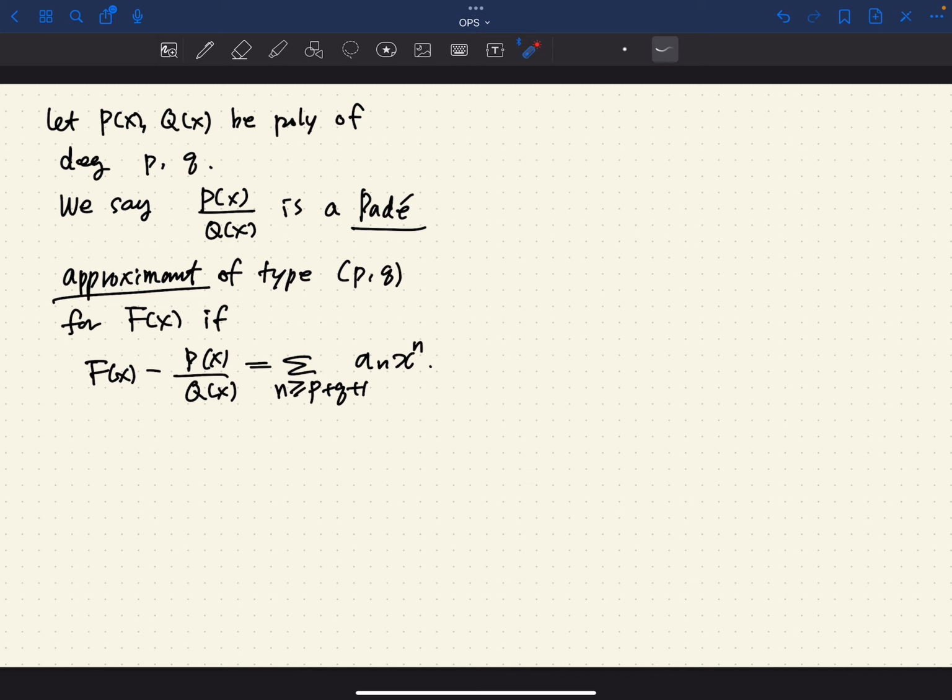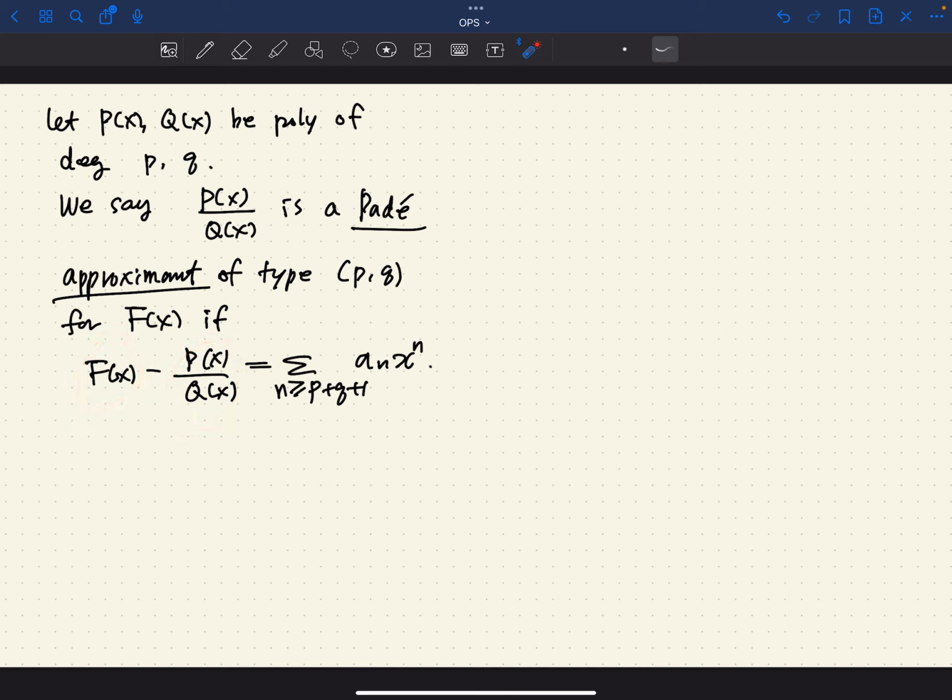Okay. So we all know very well about the Taylor expansion, and the idea is we approximate a function using polynomials, namely Taylor polynomials. But here we approximate this using rational functions.